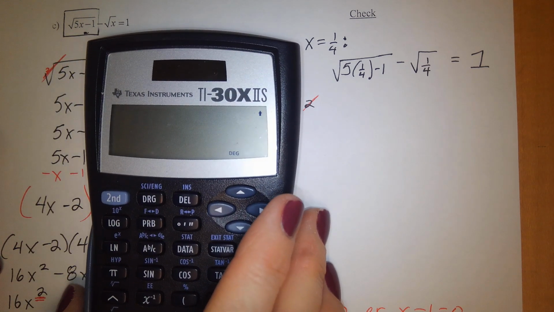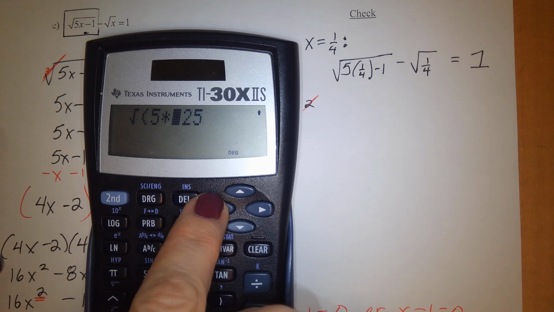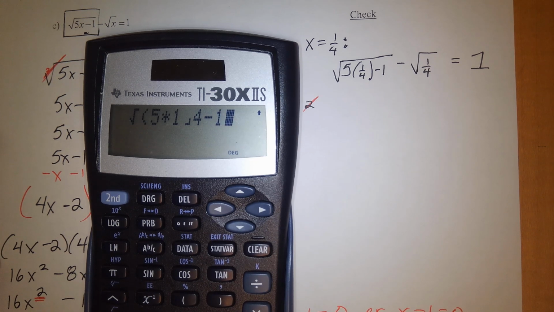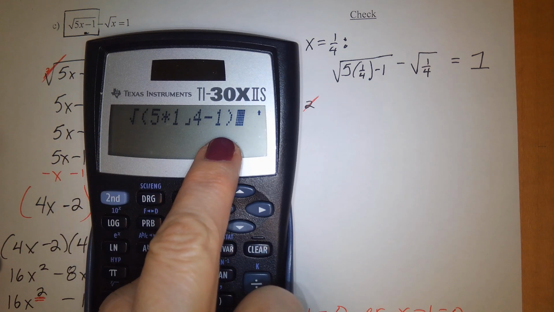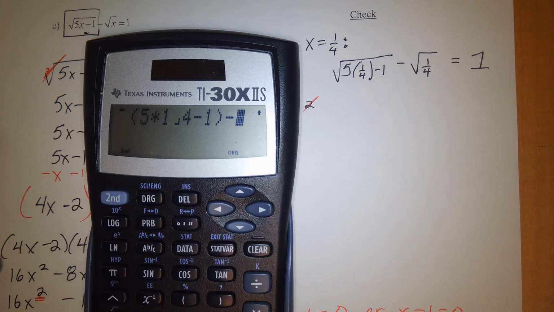Okay, so I'm going to put in the square root of 5 times 1/4, and if you'd like to use 0.25 you can, or you can do 1/4 as a division, or you could even do 1 over 4 as a fraction. That also works. Minus 1, and then end my parentheses so that way I end that square root symbol. Then we're going to subtract another square root of 1/4.